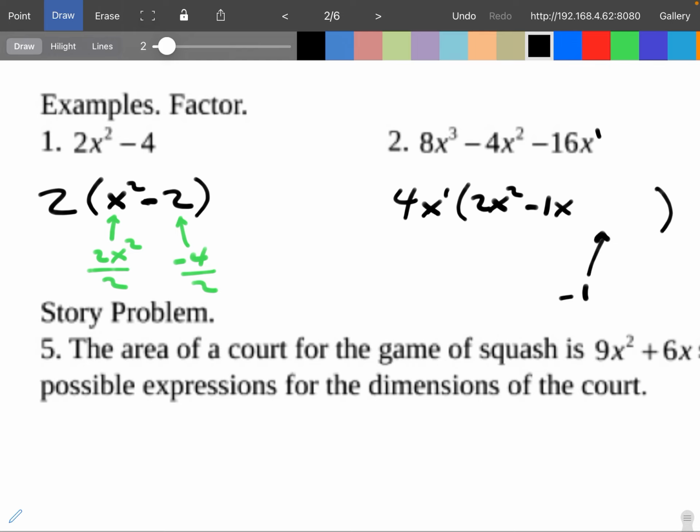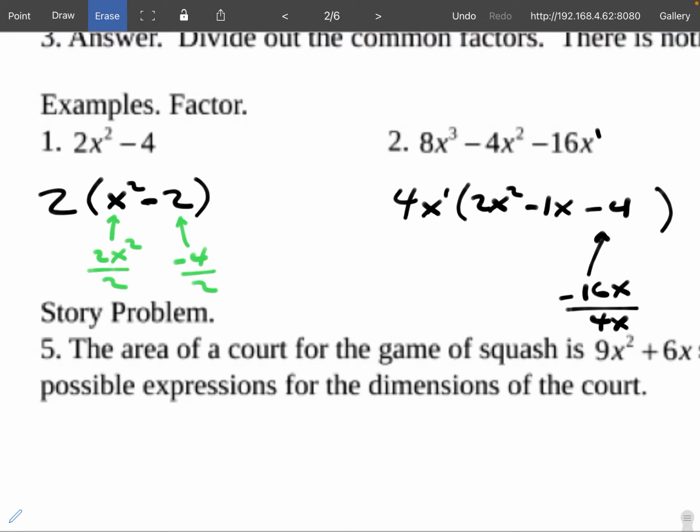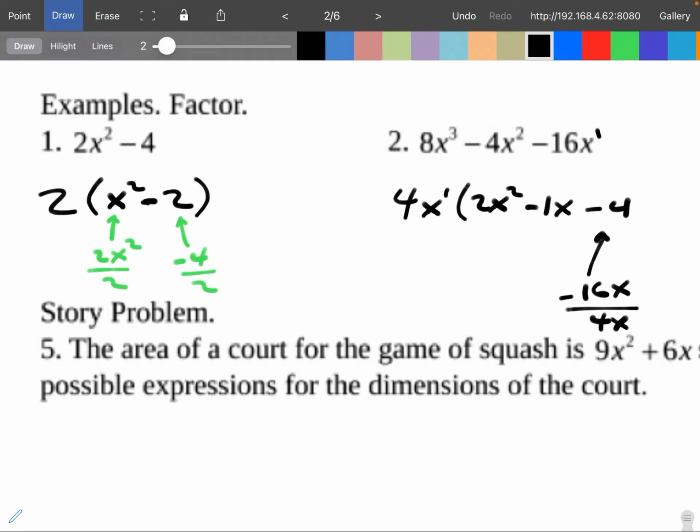If you want to fill this one in right here, you can take that third term, which is negative 16x, and divide it by your greatest common factor out in front, which is the 4x. And what would that give you? Negative 4. Good. So that's another way to think of it right there.